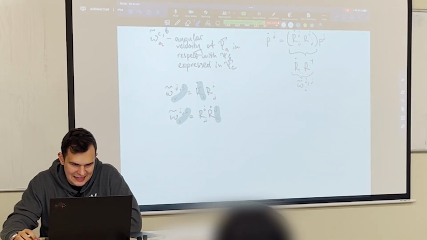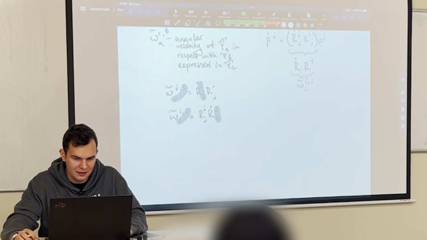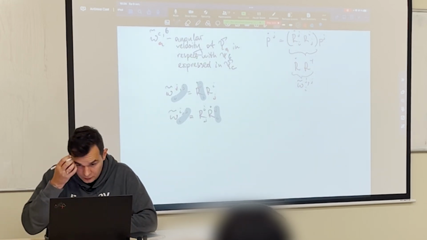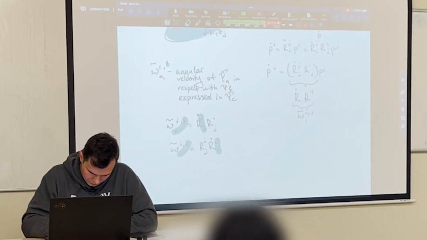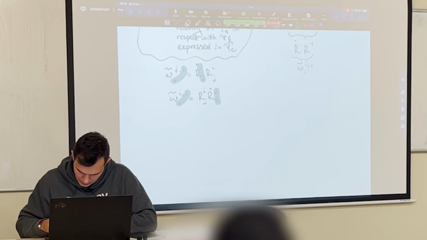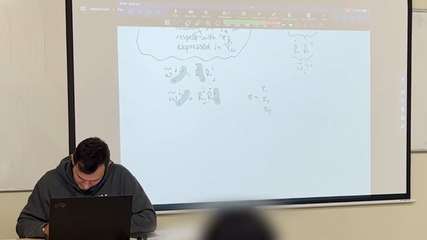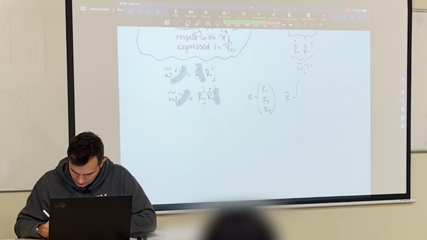We already said that angular velocity is a 3x3 matrix, and it's something which is called skew symmetric. So, for example, if we have a vector x, which is x1, x2, x3, the skew symmetric representation of it will be 0.